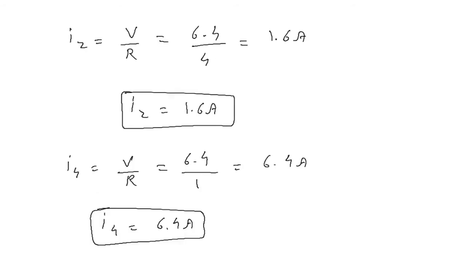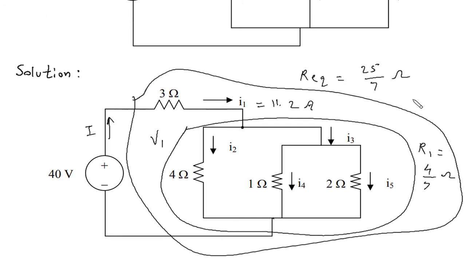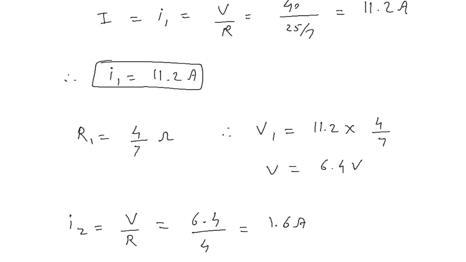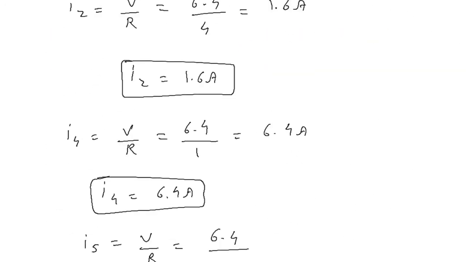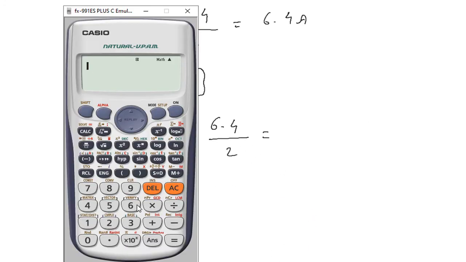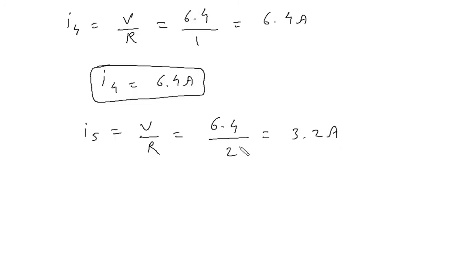Next we have to find I5. I5 has a resistance of 2 ohm. So I5 is equal to V by R. So 6.4 divided by 2 ohm will be 3.2 ampere.